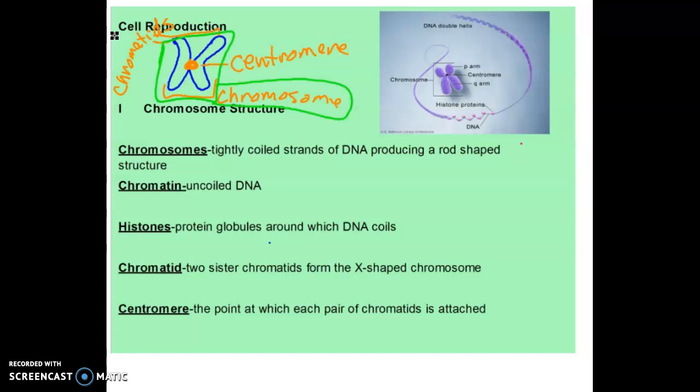So most people want their yarn rolled up in nice balls so it doesn't get all tangled and knotted up. Well, our cells kind of do the same thing with our DNA. They don't want it just laying around in big gobs of messed up string inside of our cells. And so they don't roll it up in balls, but they organize it in these tightly coiled strands called chromosomes.